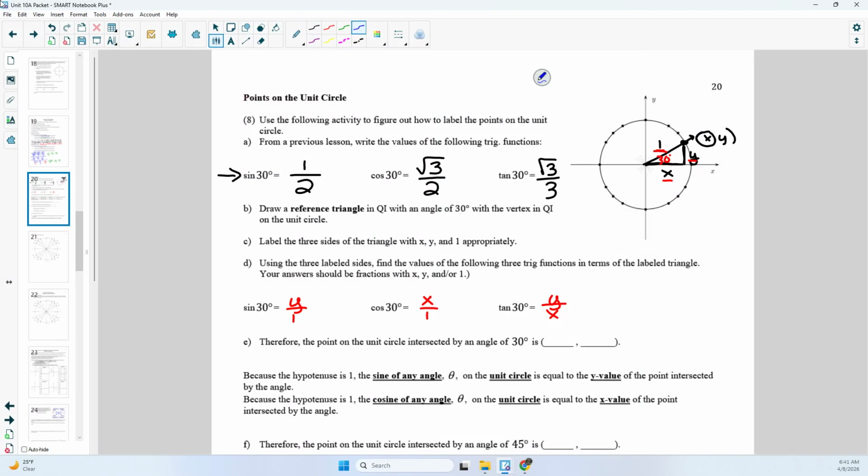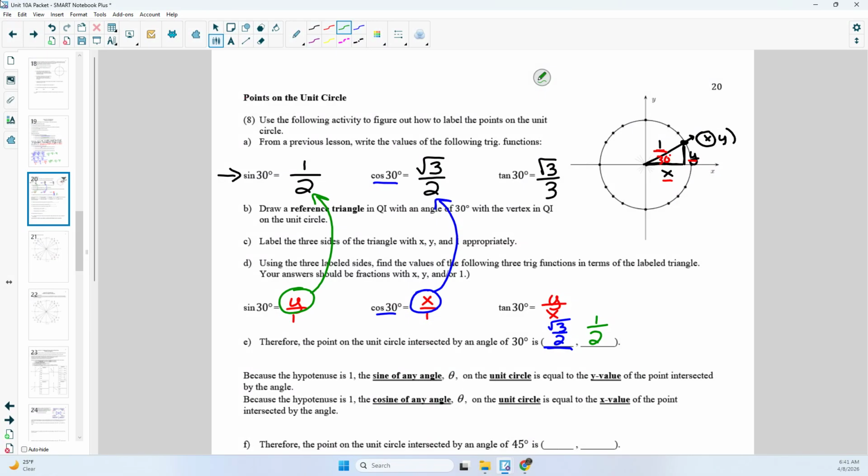So if I look here and I'm trying to find the x value, we just said that x is the cosine of 30, which is square root of 3 over 2. So both of these are equal, which means the x value is the square root of 3 over 2. And we said the y value of 30 is 1/2, so we put that in the y slot.